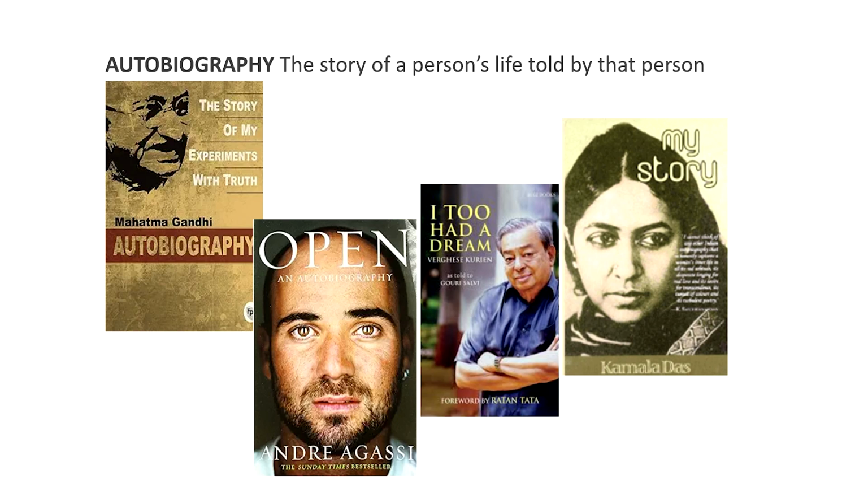Then you have Varghese Kurien's book, I Too Had a Dream. He's the founder of Amul, the Amul Cooperative. And you have the famous poet Kamala Das, her book called My Story. All very different examples, because they belong to different eras and different fields. There are men and a woman, an older person, someone more contemporary, a sports person, a political activist, a poet.